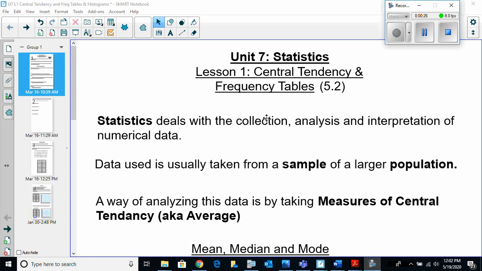And today we will review some concepts, start with this first, and then we will continue with the new stuff. So as you know, statistics deals with collection, analysis, and interpretation of numerical data.